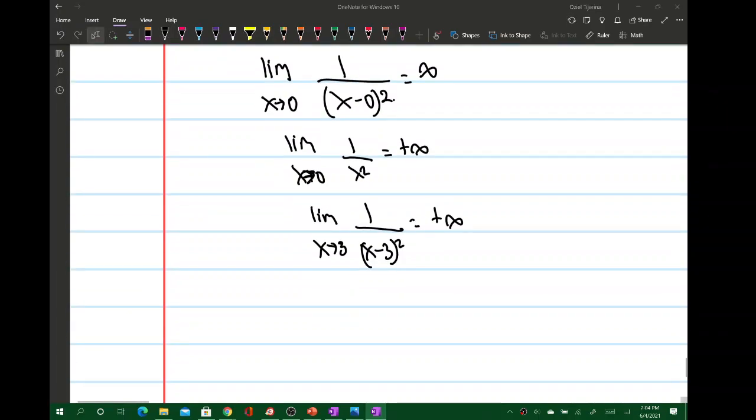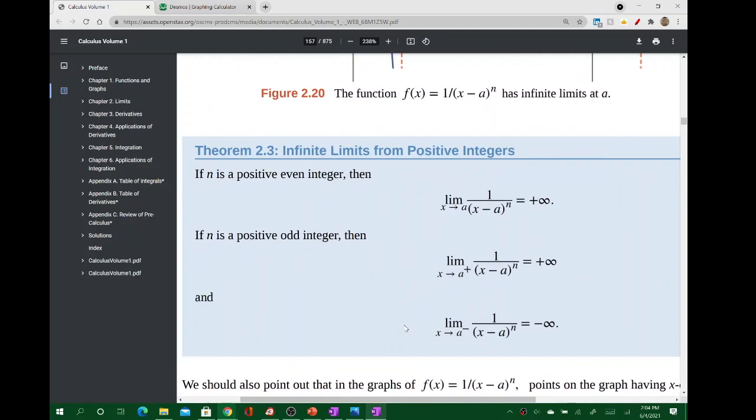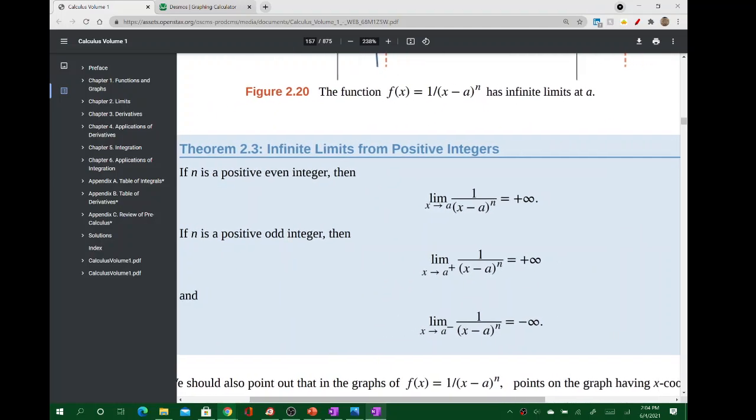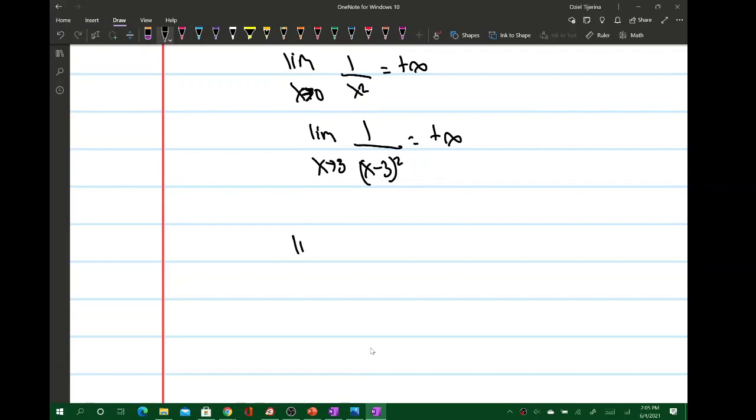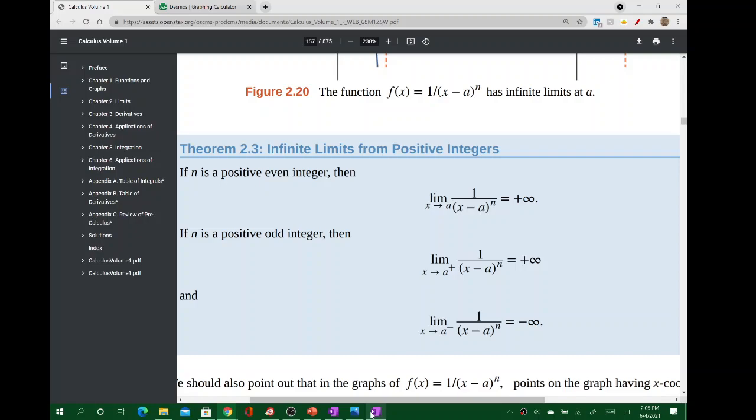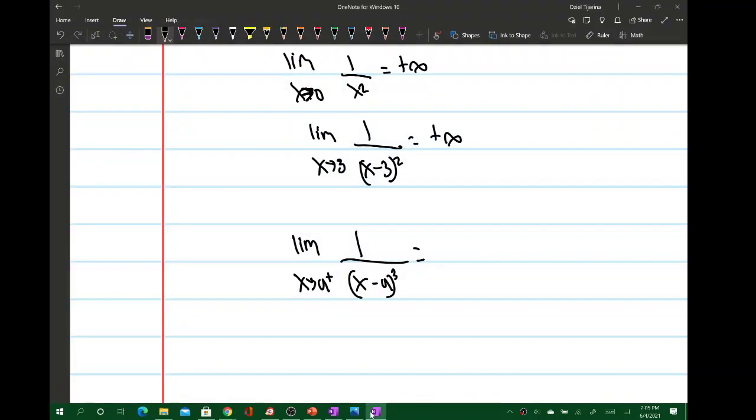Now for an odd integer, listen very carefully. For example, the limit as x approaches a from the right of 1 over (x minus a) cubed is going to be equal to positive infinity.